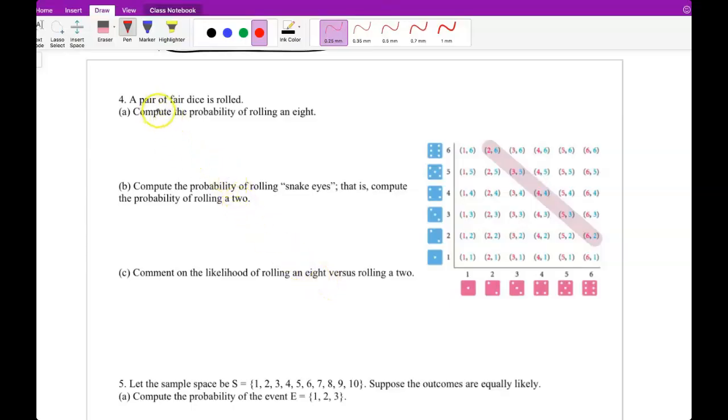Now example number 4: a pair of fair dice is rolled. Part A: compute the probability of rolling an 8.